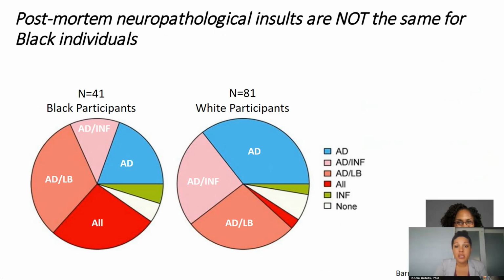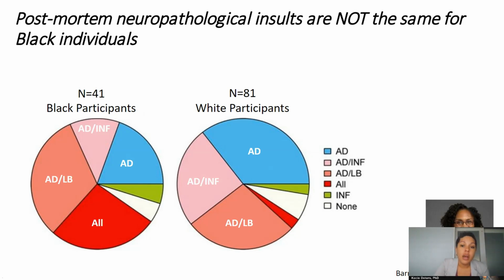Yet another difference is postmortem neuropathological insults are not the same in Black individuals. So here's a study by Dr. Lisa Barnes at Rush University, and AD in blue just means pure AD pathology, that is these amyloid and tau pathologies I talked about earlier. And as you can see, very few people with AD just actually have amyloid and tau tangles.